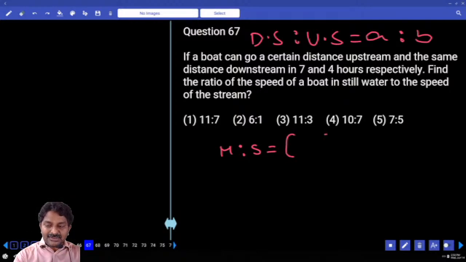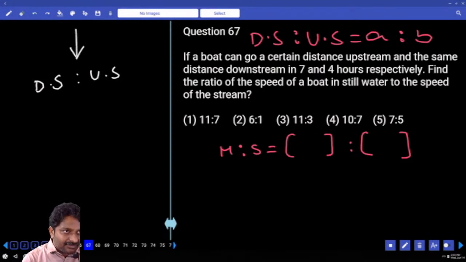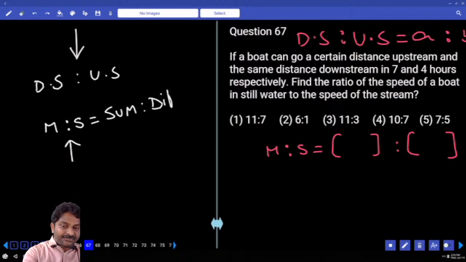Is by 2 by 2 required? Every time I am telling you, do remember: if you know the ratio between downstream and upstream, this is where you need to concentrate. If you are given a ratio between downstream and upstream and asked to calculate the ratio between man speed and stream speed, just go with sum and then difference.